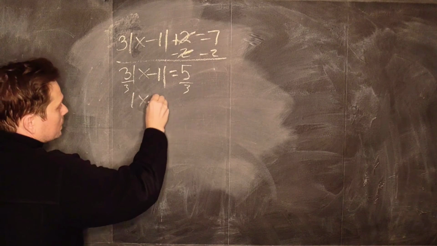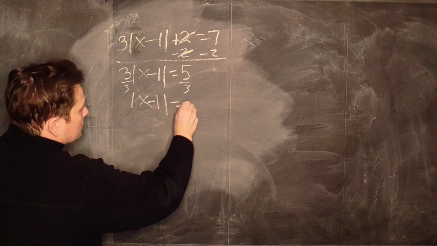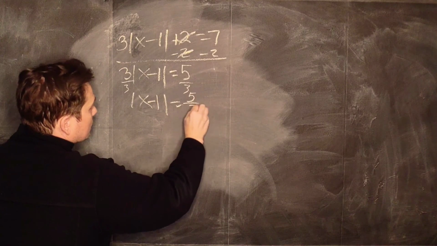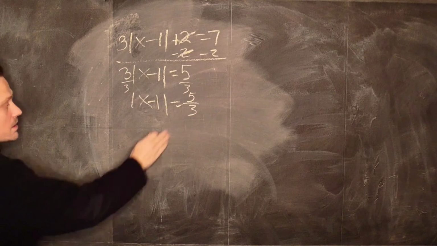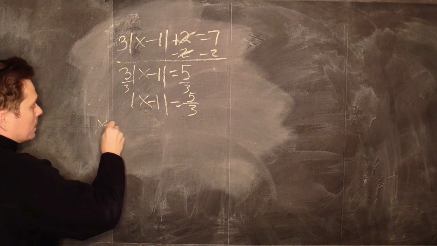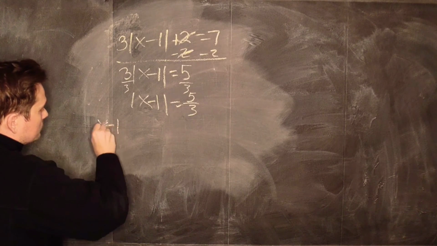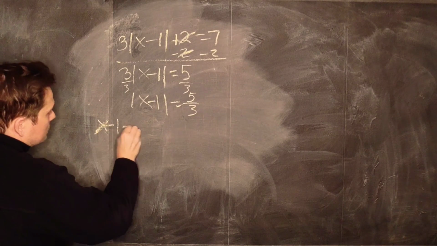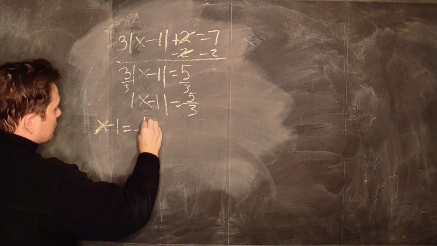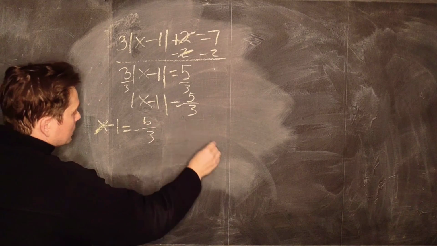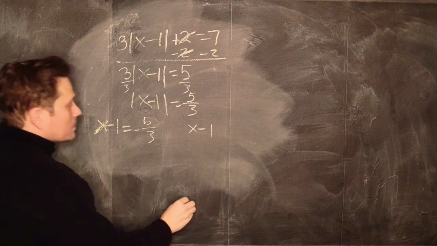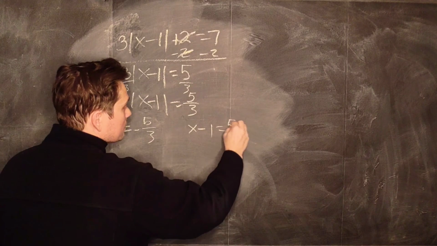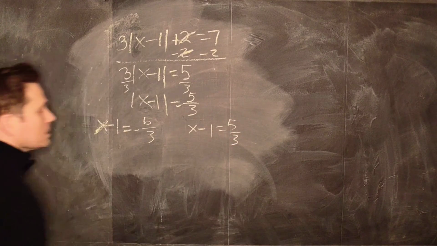The absolute value of x minus 1 is equal to 5 over 3. Then the only way this can be true is if x minus 1 has to be equal to negative 5/3, or that same expression, x minus 1, has to be equal to positive 5/3.